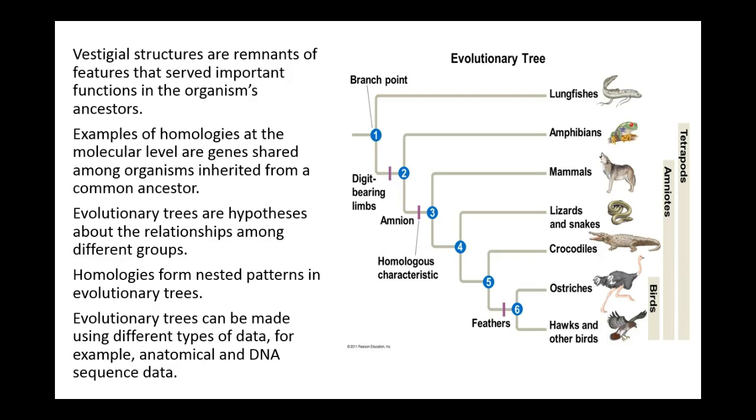So you have similar characteristics with regard to the digit-bearing limbs, and then similar characteristics in terms of young being supported in an amniotic sac, and then also feathers. So we're talking about structures that are similar in species, and since they're similar, the thought is that they must have come from an ancient ancestor.